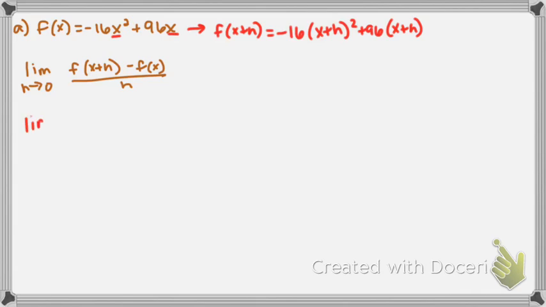All right, let's go ahead and start substituting some stuff in. I'll tell you guys, this is going to be a little bit of a long one because we have a lot of distributing to do. So first things first, let's put our f of x plus h in there. Minus f of x, parentheses, negative 16.